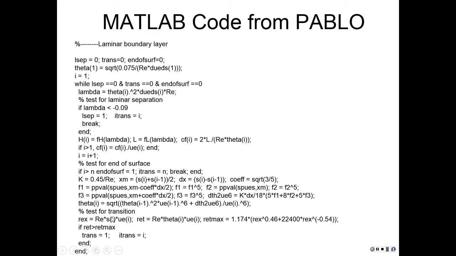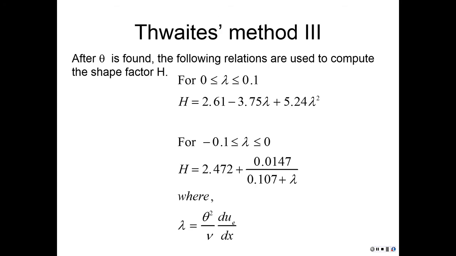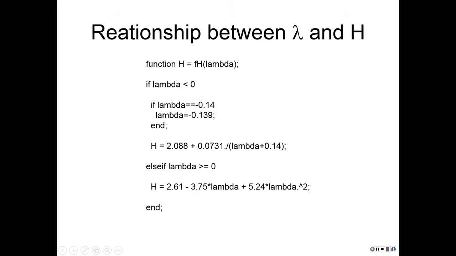We test the flow to see whether the flow became laminar to turbulent. So how do we do it? Before we do that, this is the relationship for H in terms of lambda. This is nothing more than the equation that we saw here cast as a MATLAB code.